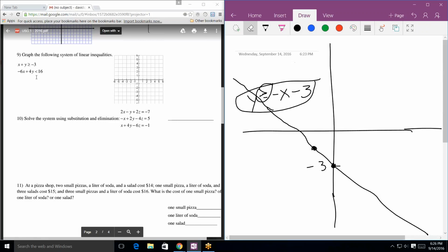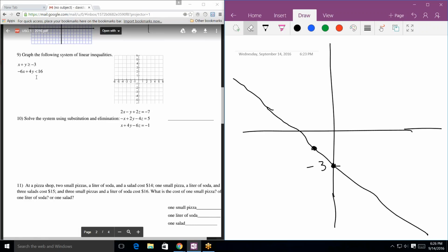I'm going to erase some of this stuff just so that I have room to do the second one. I'm going to do the second one up here. So first of all, we write it as an equation in order to figure out how to graph it. So I'll put that in y equals mx plus b format so that I get a y.